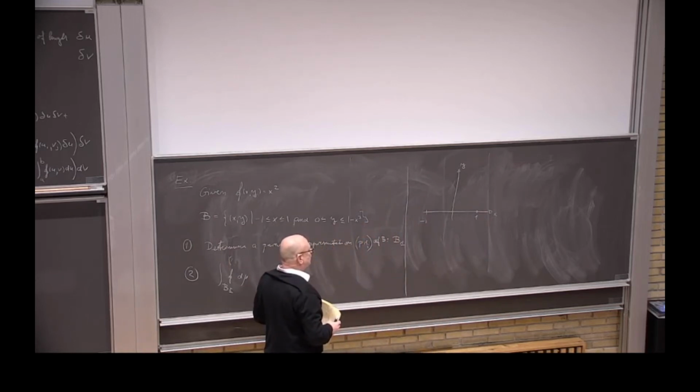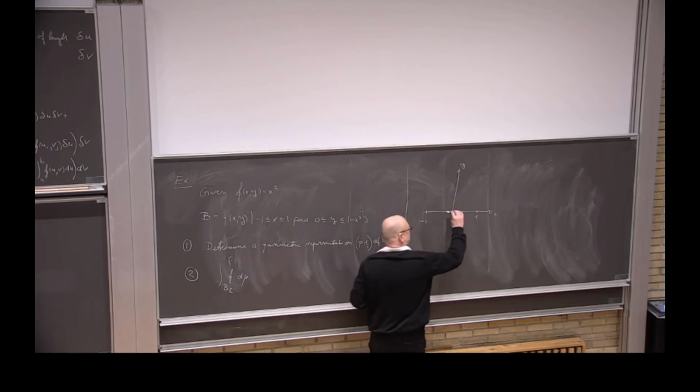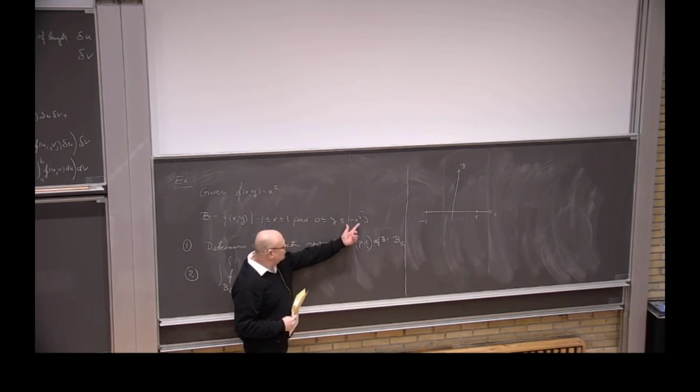So x is here, but what about y? You can see y is larger than or equal to 0, but it's less than this one. This depends on x. So a good thing is to draw this boundary for y.